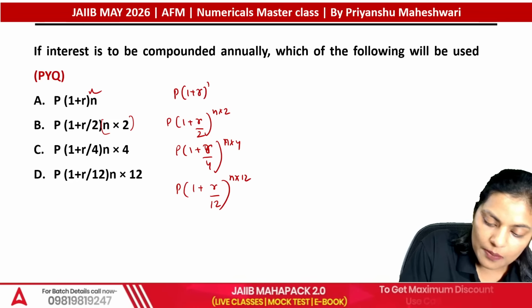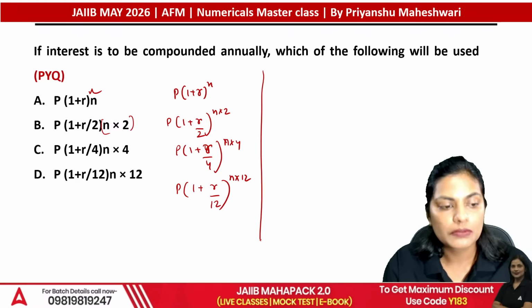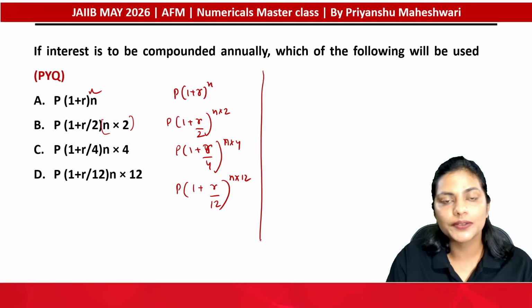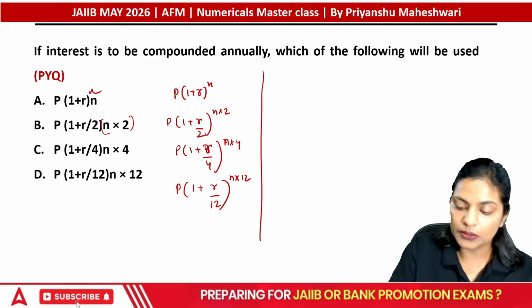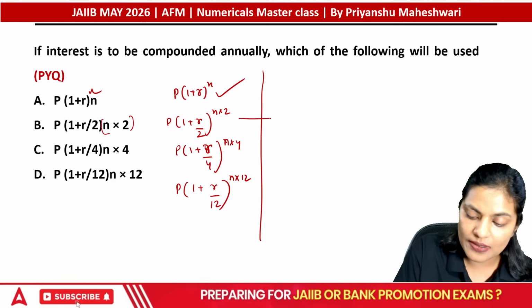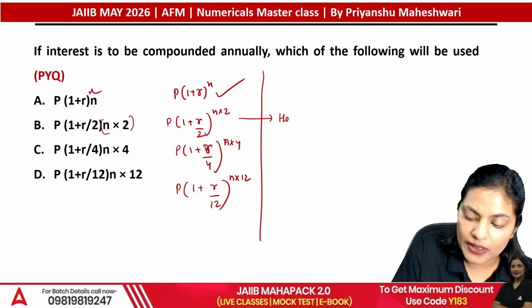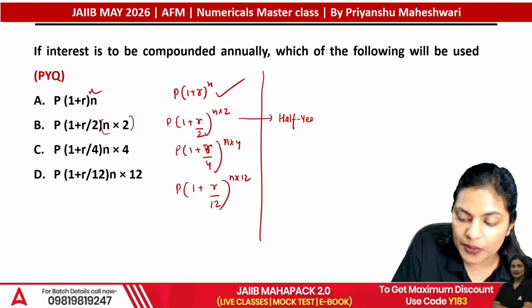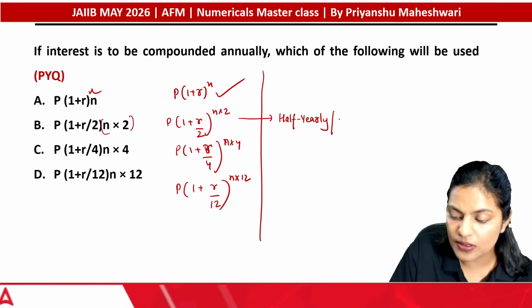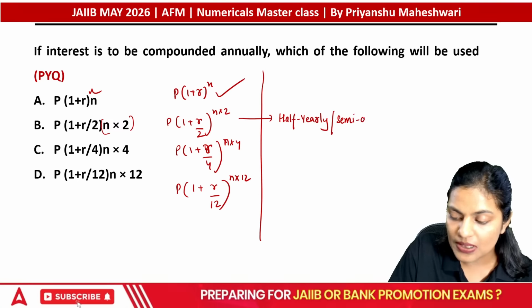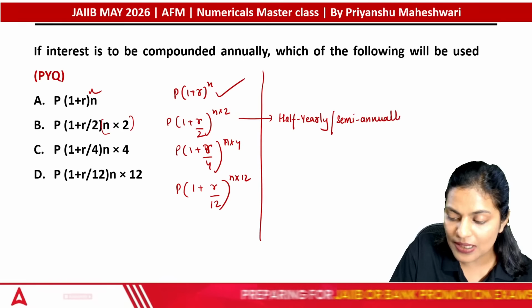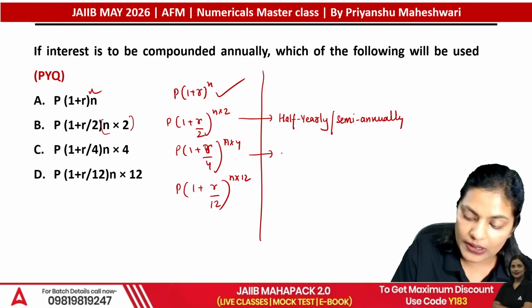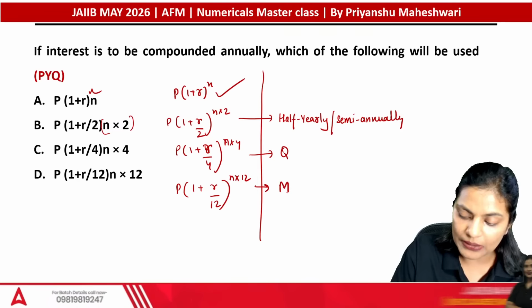Principal 1 plus r power n. So from here we have started module C, right? Now, the formula will be this. This is for half yearly, and don't get confused. Half yearly, semi-annually, these are same words. Semi-annually, like annual, semi is half of it, then quarterly, this is monthly.